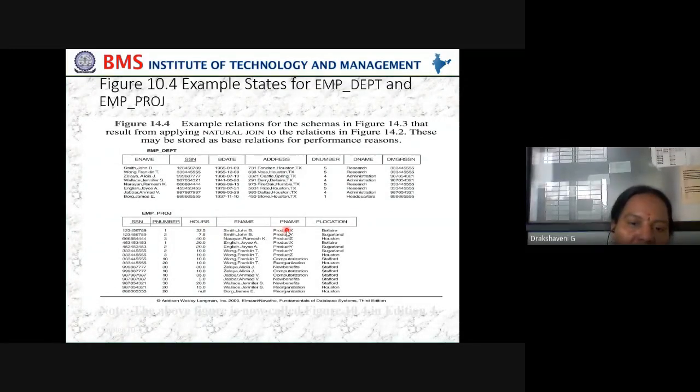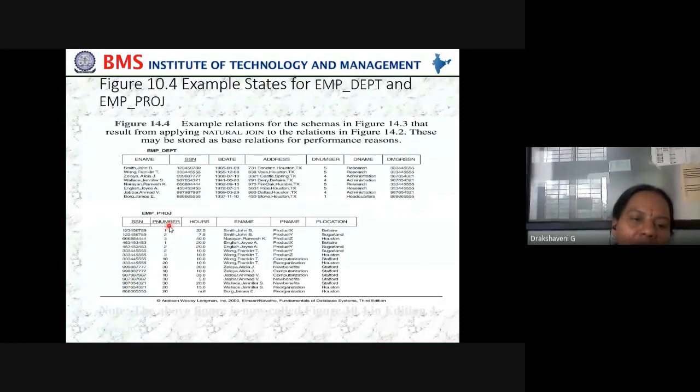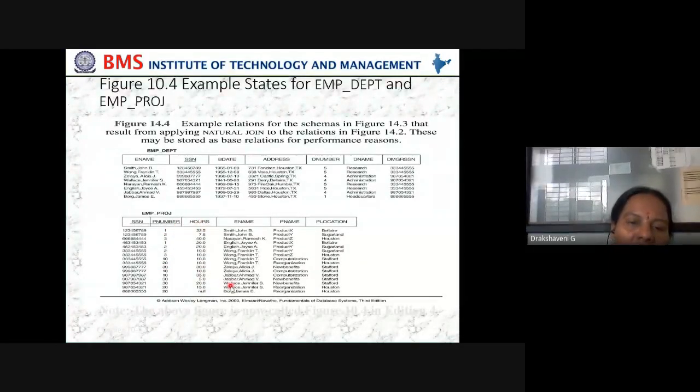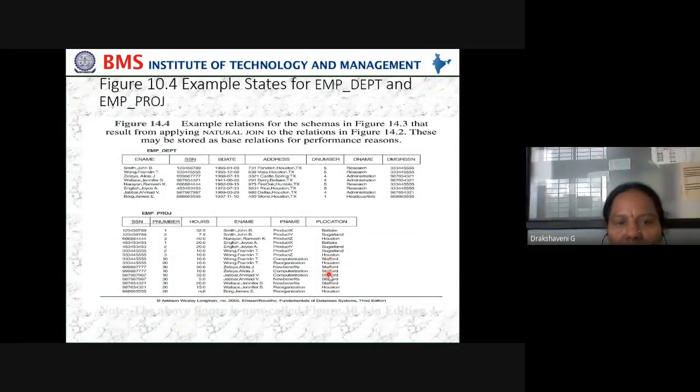Then the project name, that is the project he is working for, for example product X, and the location is some location name. So these are the social security numbers, these are the project numbers, these are the hours he has worked, these are the employee names, these are the project names, and these are the project locations.